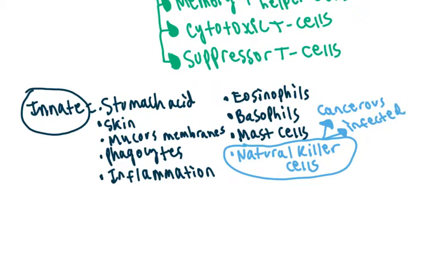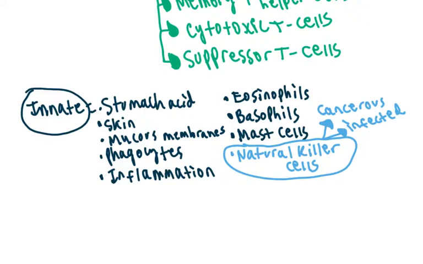All right, so I don't believe that we talked about these: the eosinophils, basophils, mast cells, and natural killer cells that are also part of the innate/non-specific immune system in our innate/non-specific immune system video. But it's good to know some extras. We just talked about the most common ones, but these are also part of our innate/non-specific immune system.